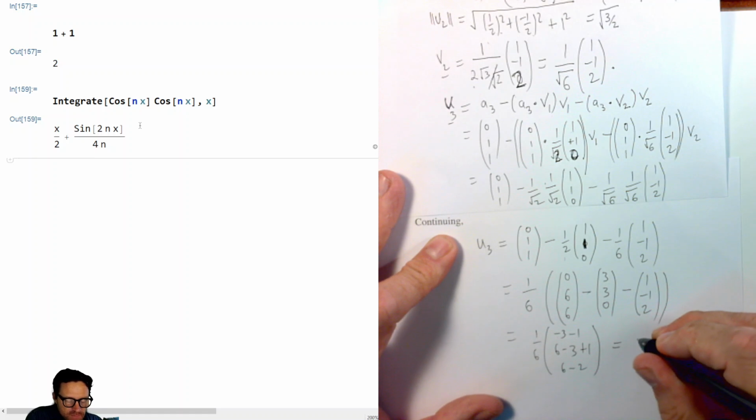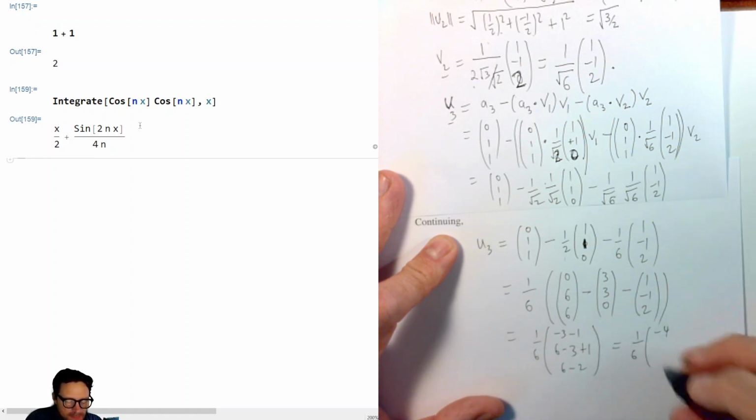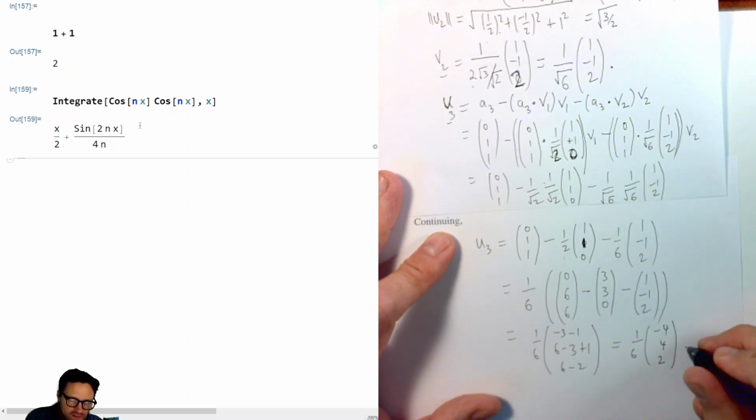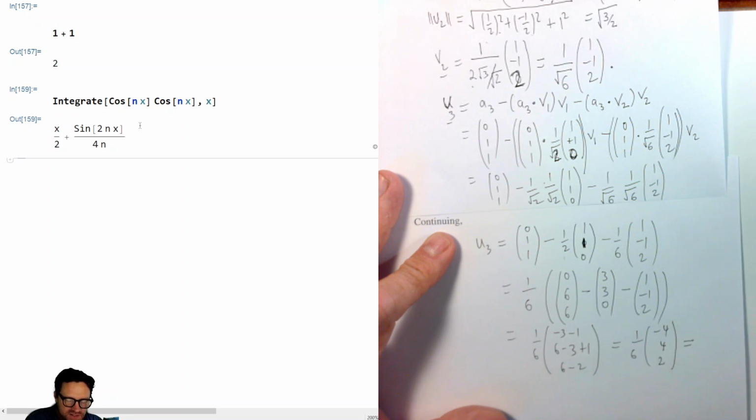So we have 1/6 of minus 4, 4, 2. Okay, and so there's a common 2 I can get rid of. Put this over 3. And there we go. Now we have the vector u3.